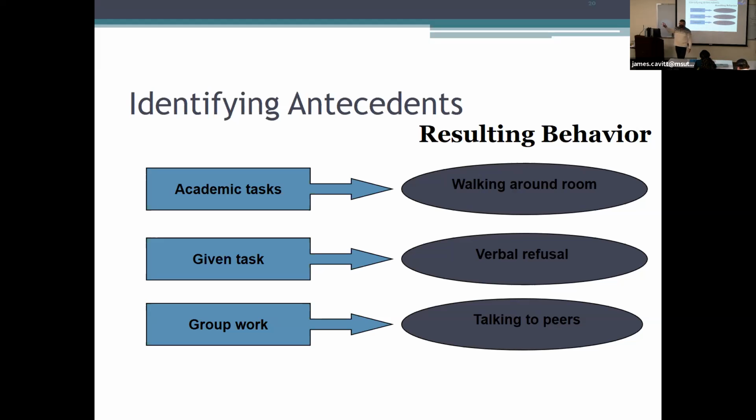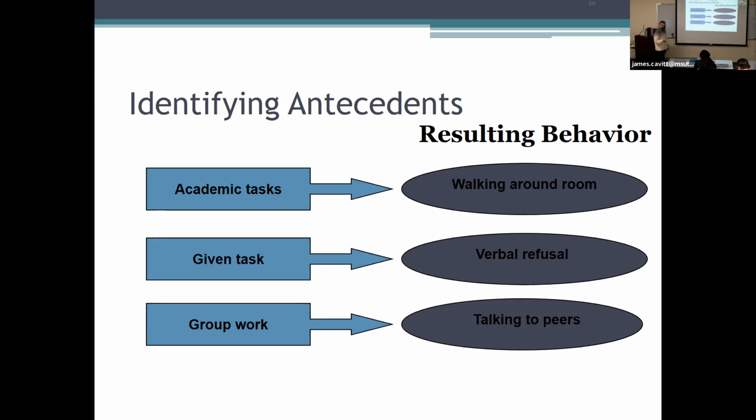Now, the function of the behavior was to escape the activity. We'll get to functions in a bit. But if you think about it, the activity of writing had nothing to do with his behavior. He was set up, in a sense. He was primed. The setting antecedent of being bullied was ready for him to shoot that gun, the bullet, the behavior.